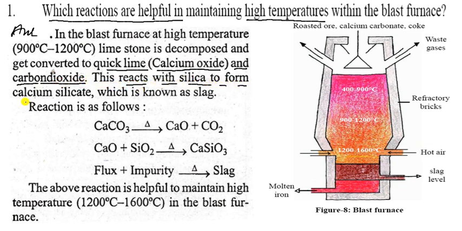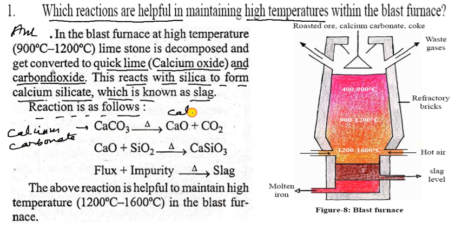In the blast furnace at high temperature, that is 900 degree C to 1200 degree C, limestone is decomposed and gets converted into quicklime, that is calcium oxide, and carbon dioxide. These react with silica to form calcium silicate, which is known as slag. The reaction is as follows.